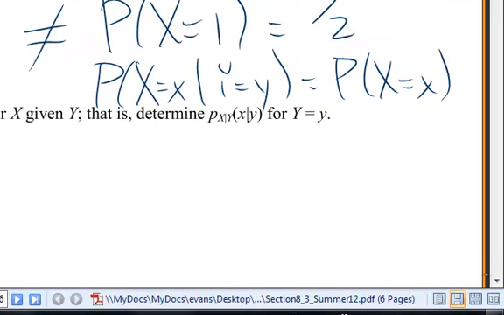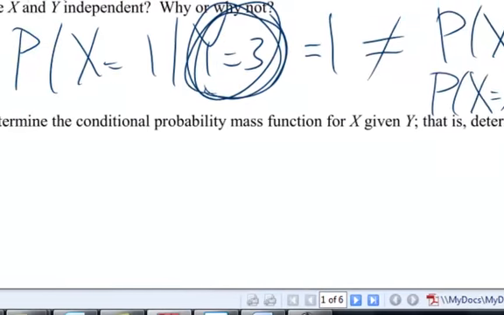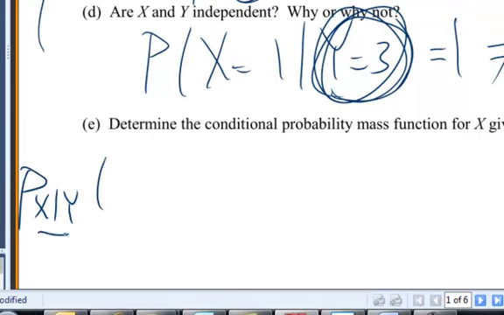Oh, I do have the part to determine the conditional probability mass function of x given y. So I'm trying to determine the probability of x given y.